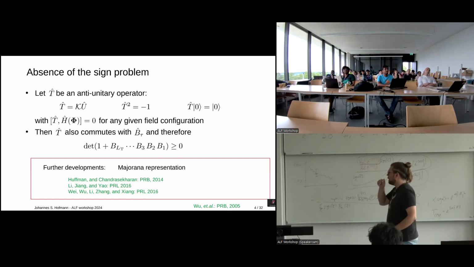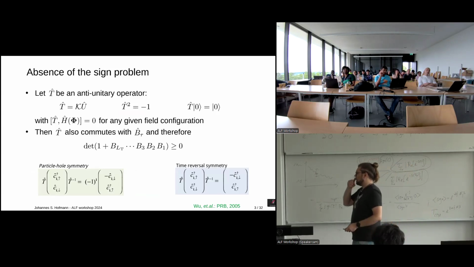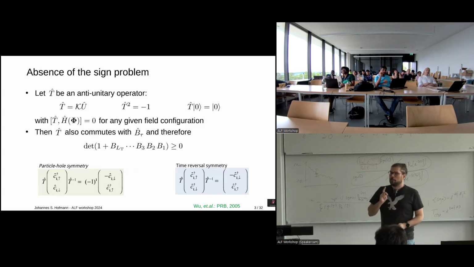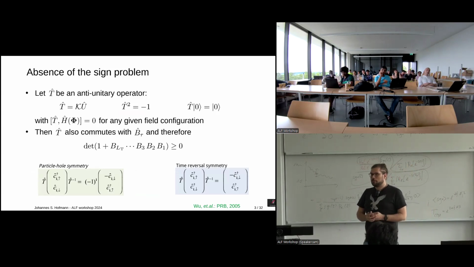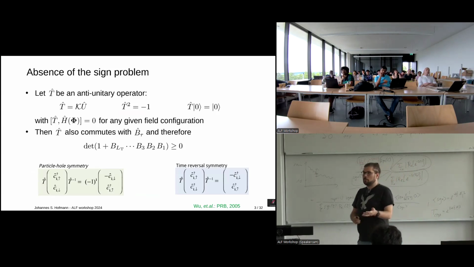Excellent question. So it depends. If you have an attractive interaction and you can use time reversal symmetry, the time reversal symmetry is typically less sensitive to the details of the lattice. And you could do an attractive Hubbard interaction on the square lattice, but I don't see a reason why not to do it on a triangular lattice.